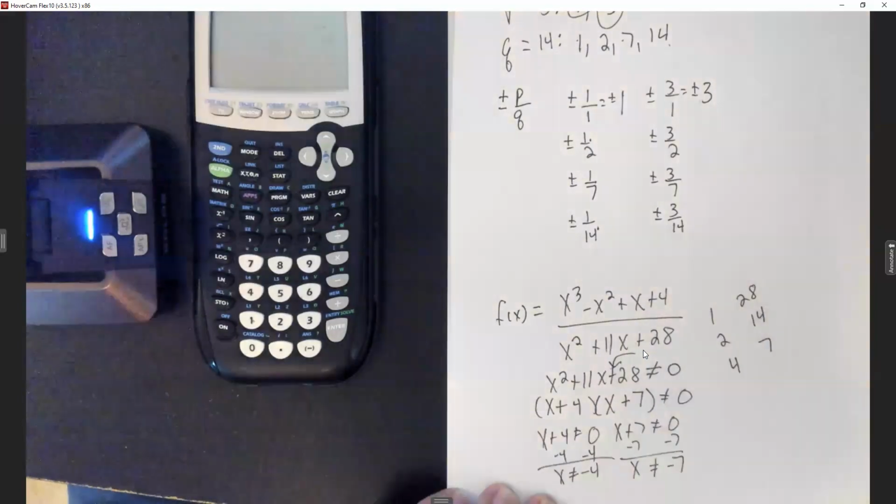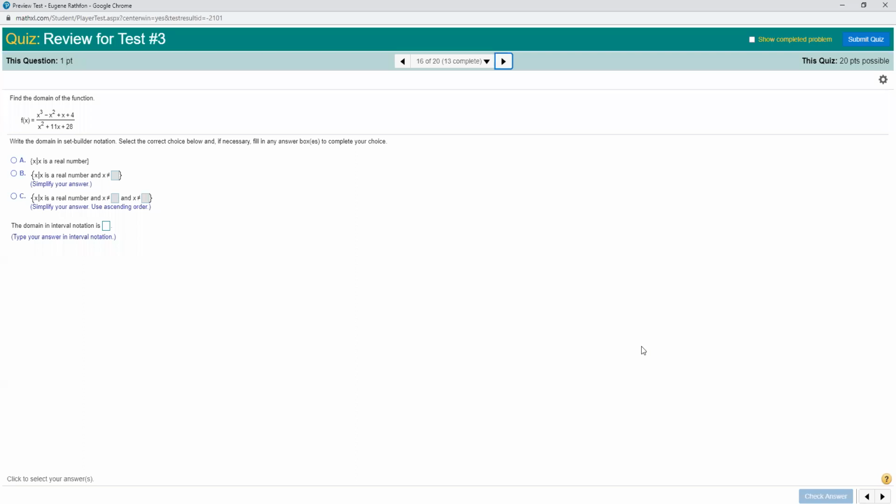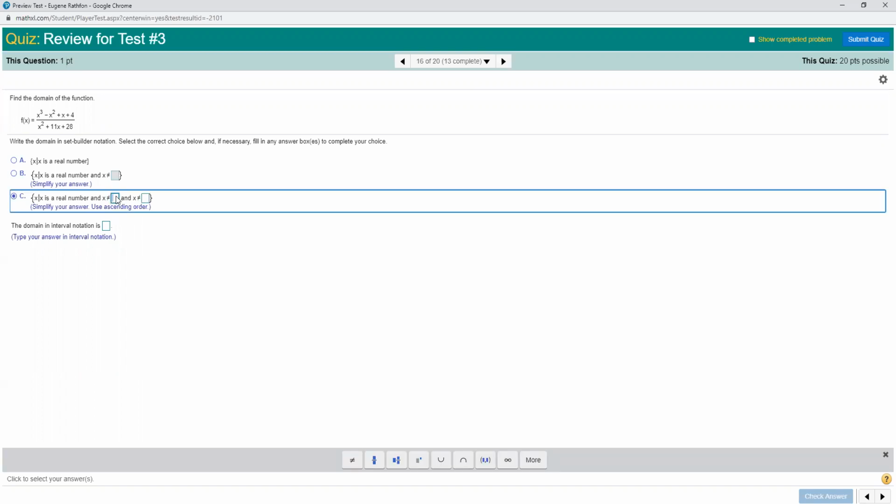So let me see how they wanted the answers, in interval notation, or did they want them in set builder? So they're doing both. Okay. So I got 2 answers, so I need to use C because look, B only gives you 1 answer not to equal, but we got 2, and they want them in ascending order from small number to large number.